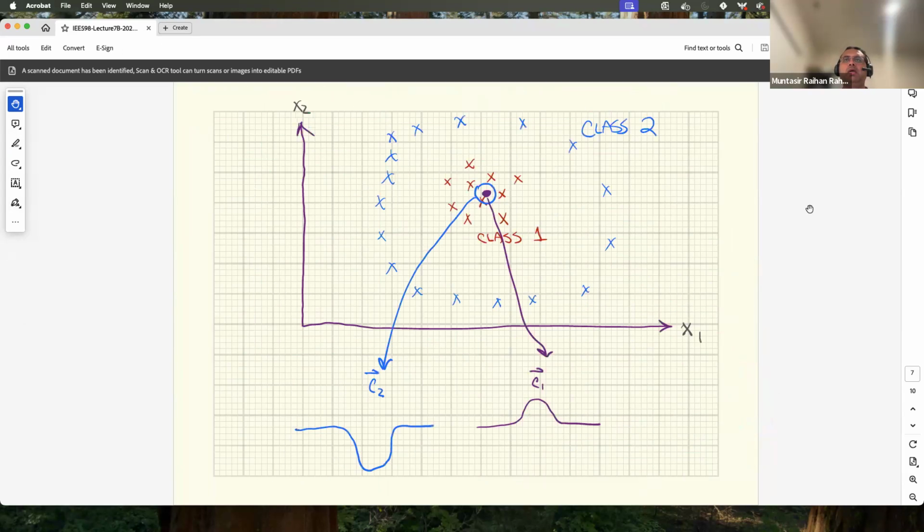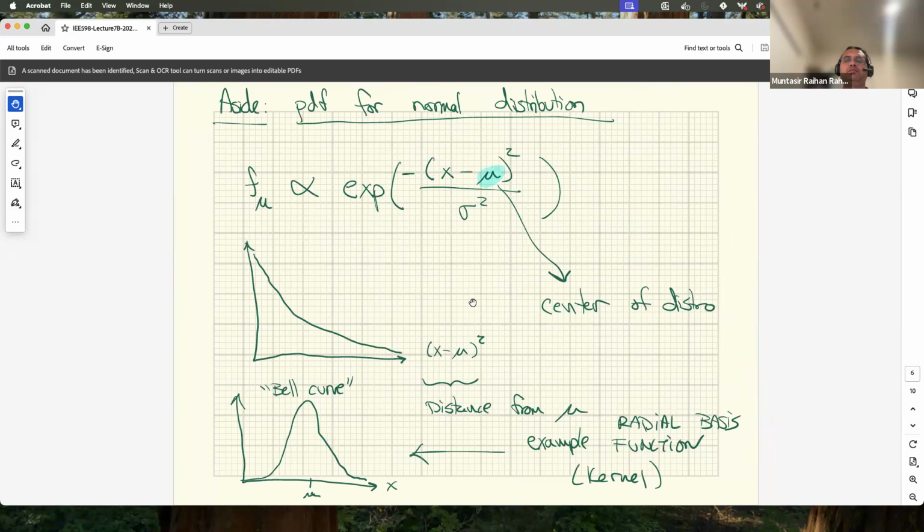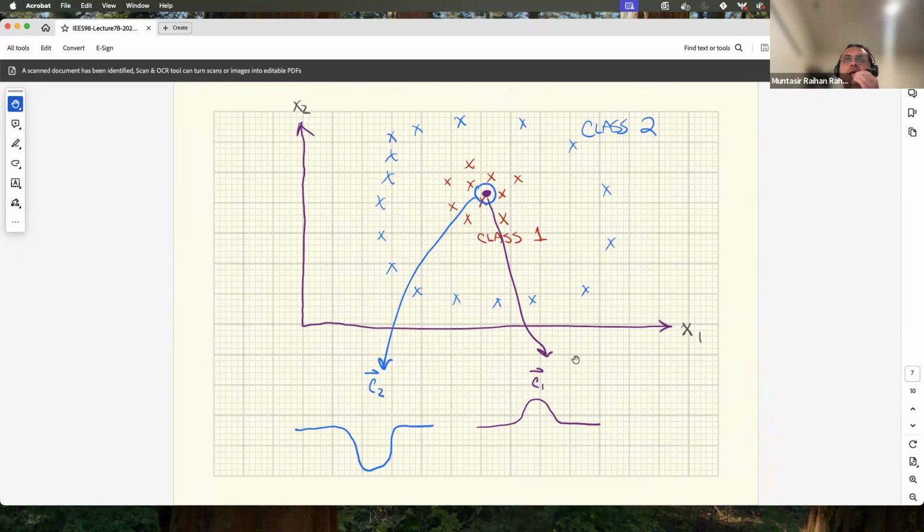Okay, so let's first look here. Think about this example, right? We have a two-dimensional space. Our input has two components, x1 and x2, so we can draw it on a plane.